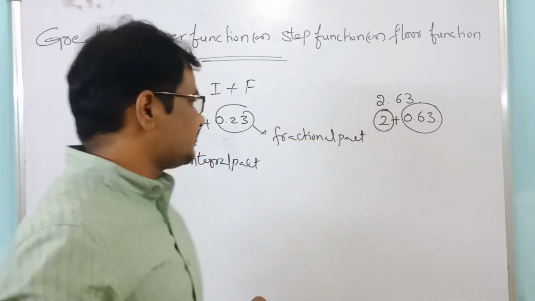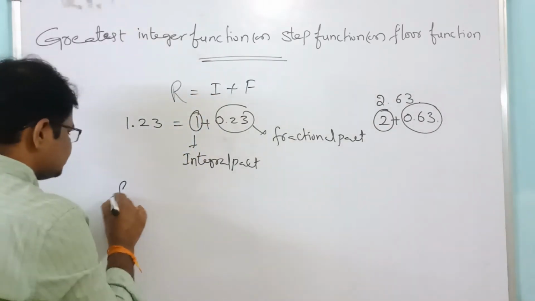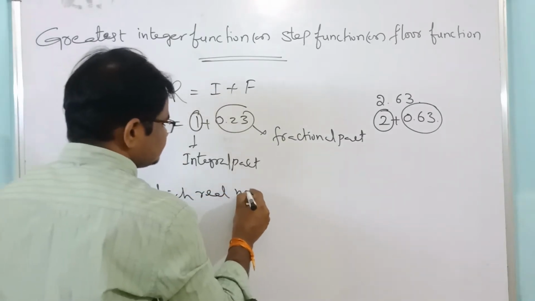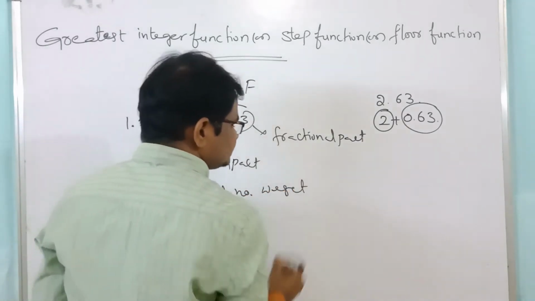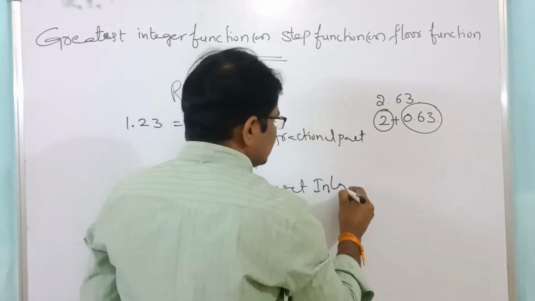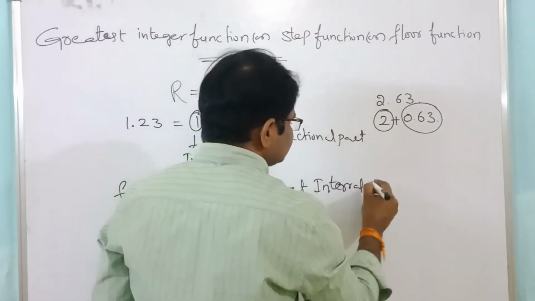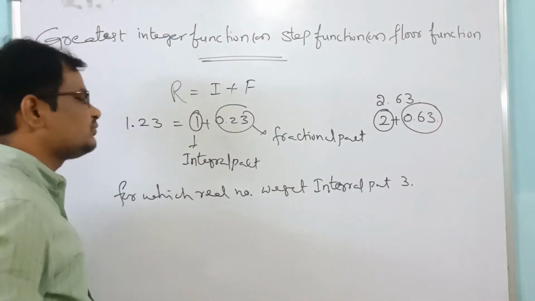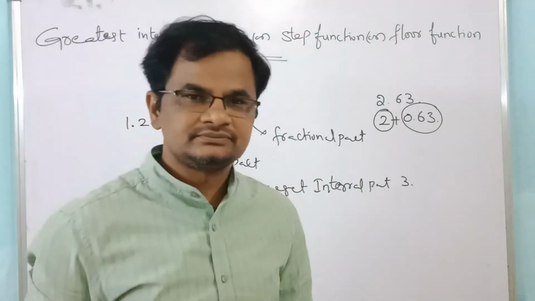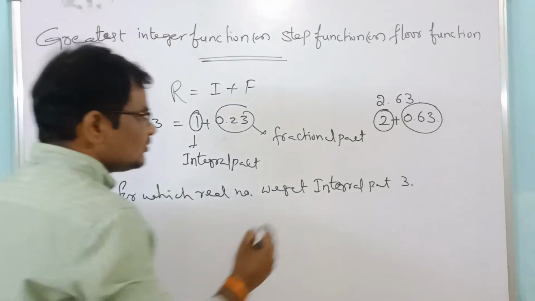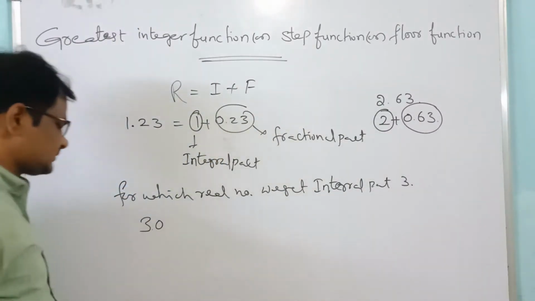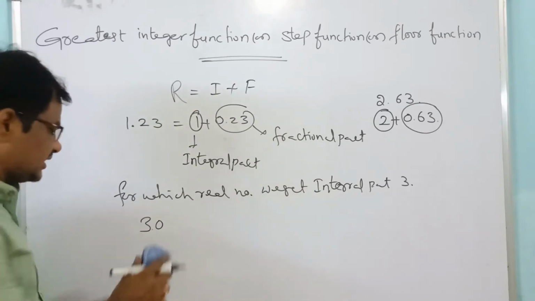Now, I am asking: for which real number do we get integral part 3? Obviously 3, because in 3.0 the integral part is 3.